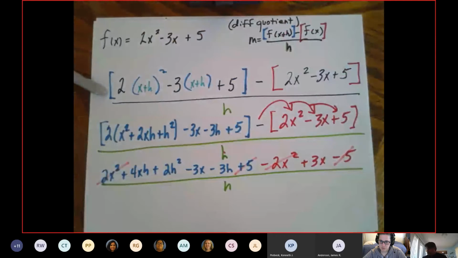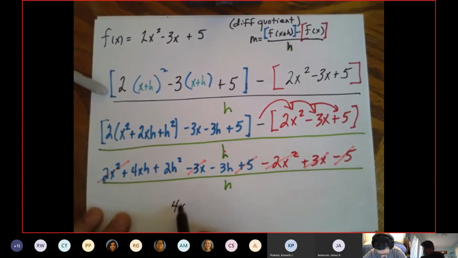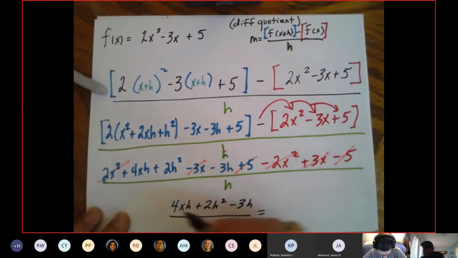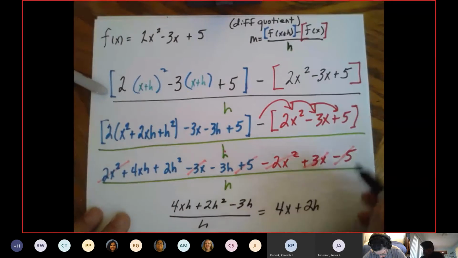And there'll be another one somewhere, the 3x and 3x. And now I'm going to write everything in black that's left. 4xh plus 2h squared minus 3h over h. And that's going to be 4x plus 2h minus 3.